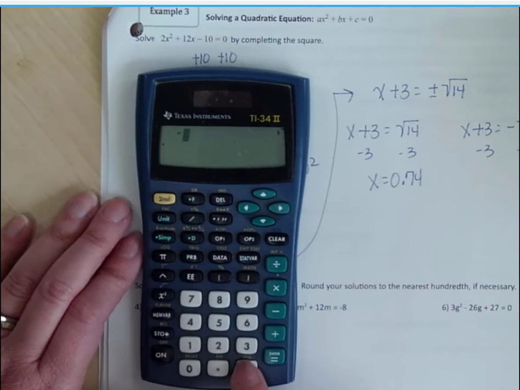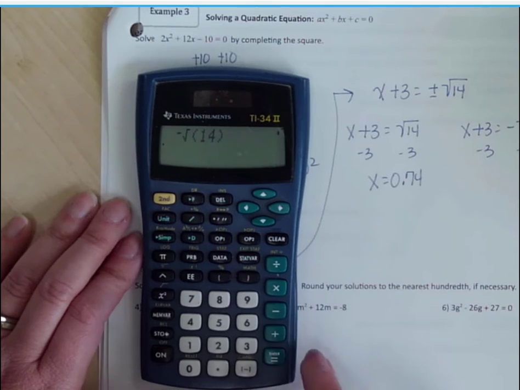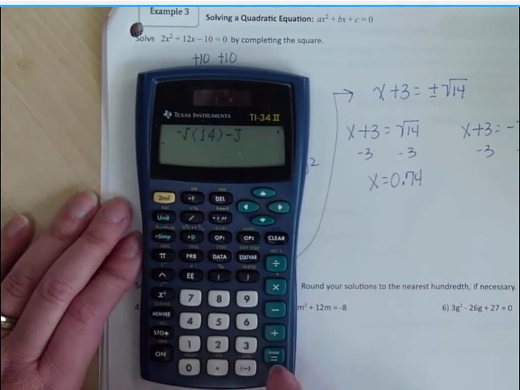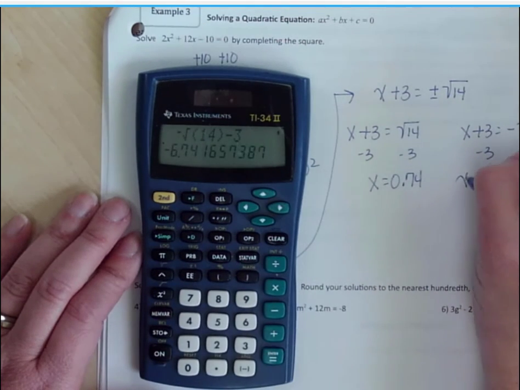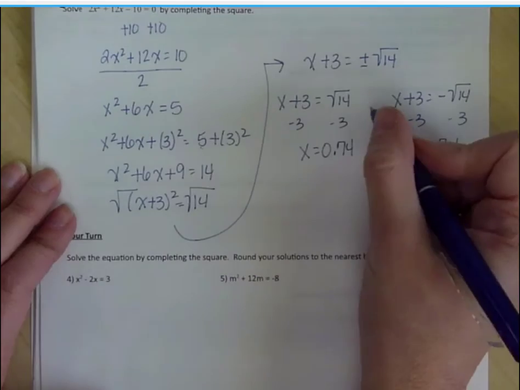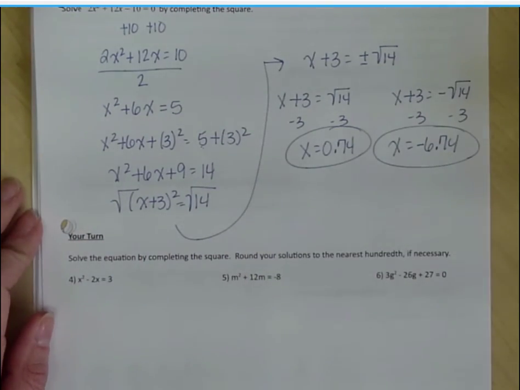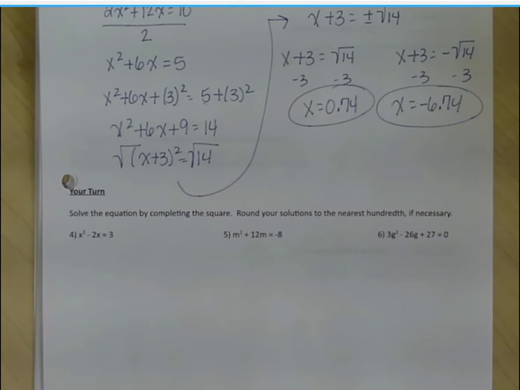And if I have the negative square root of 14 minus 3, x equals negative 6.74. So my two answers are right there. All right, now it is your turn.